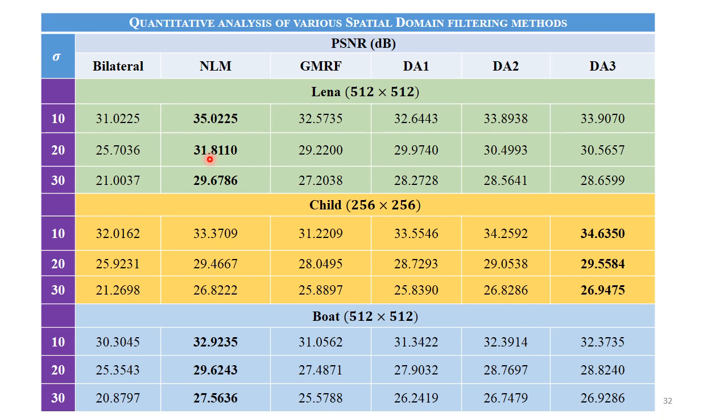That's the highest PSNR value we have obtained. And in the child image, which has a specific characteristic of one part being a constant gray level area and another part having too many edges with text, there DA3 has given the better results.